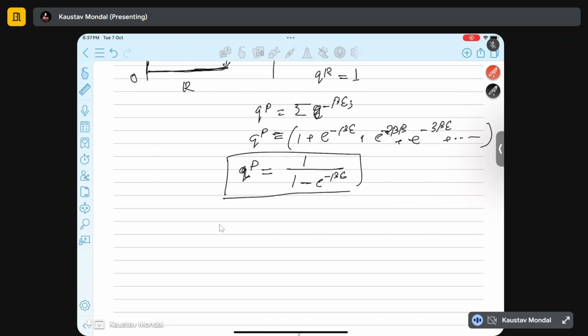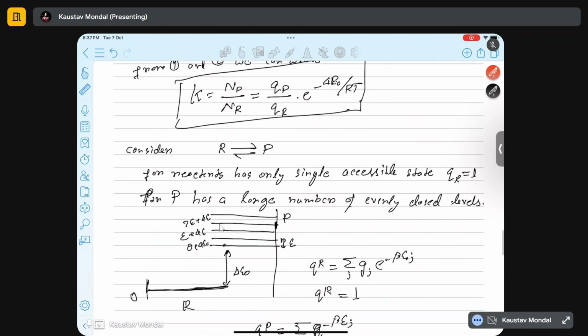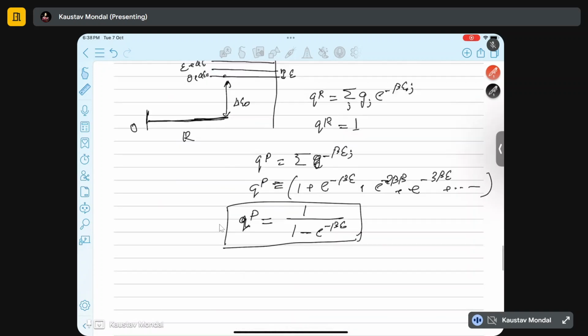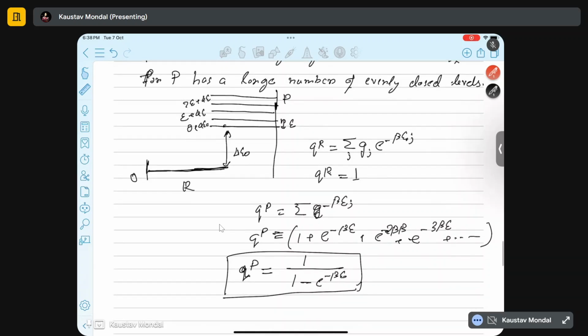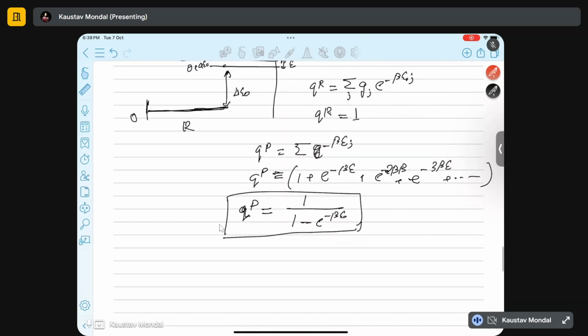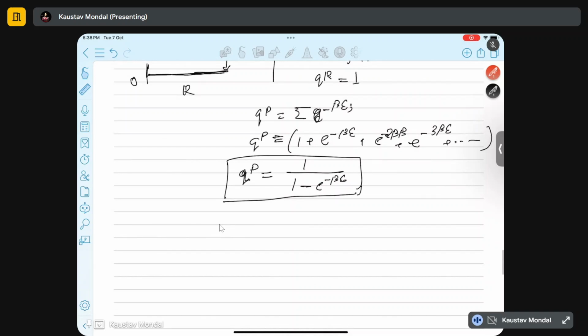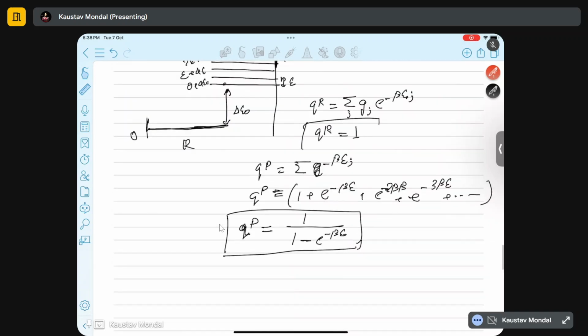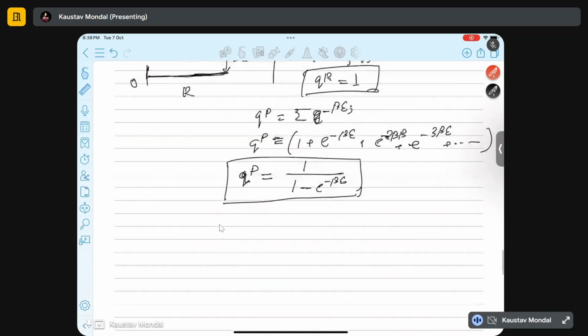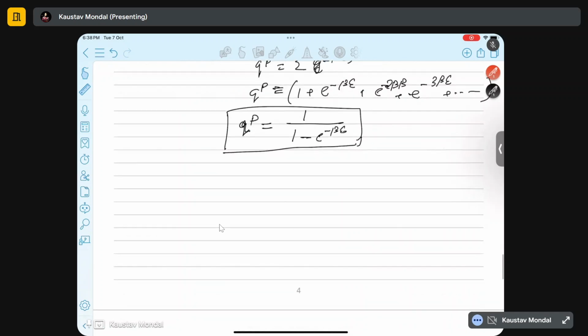This is the product partition function, and this is the reactant partition function, right? So now the equilibrium constant K looks like QP by QR into e to the power minus delta E0 by RT.